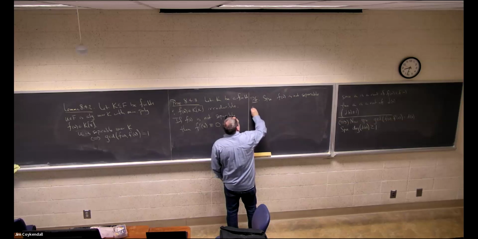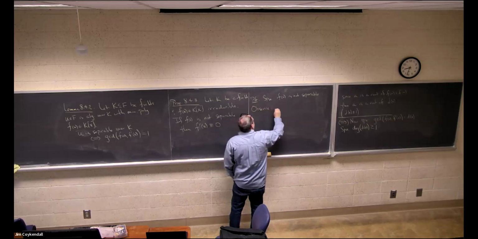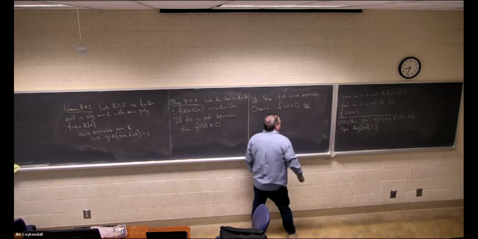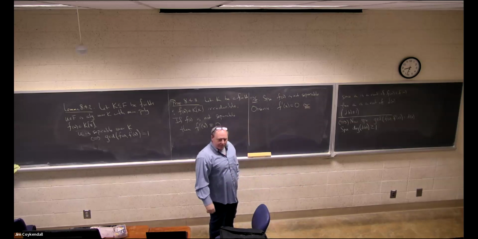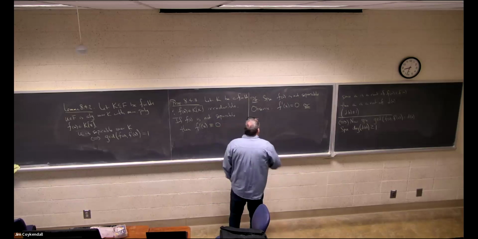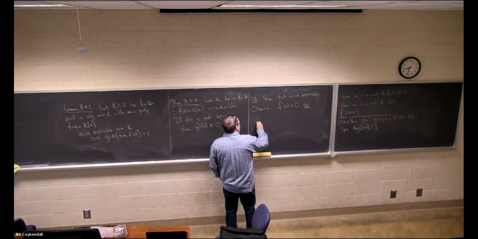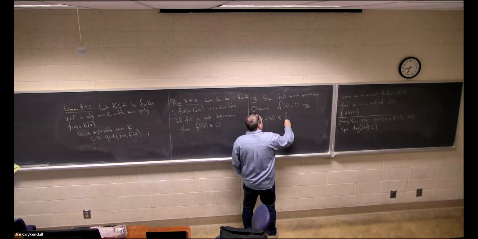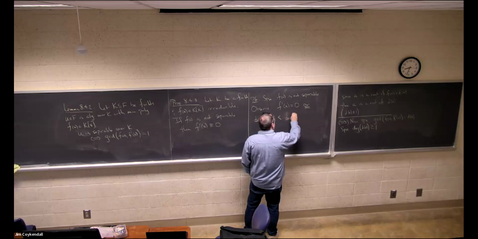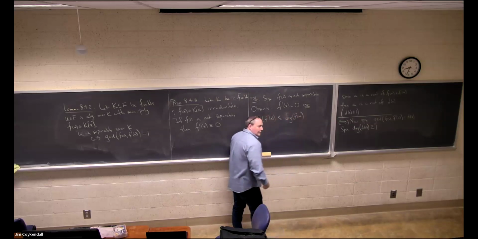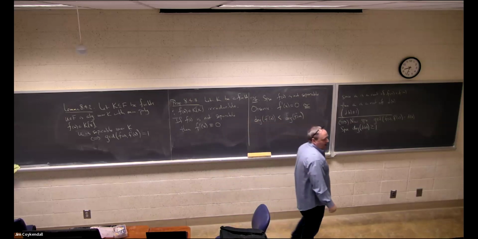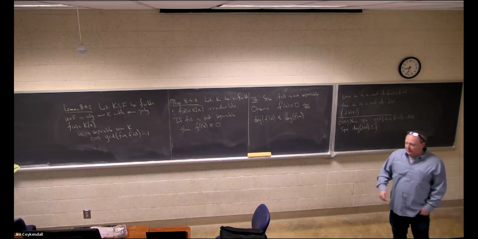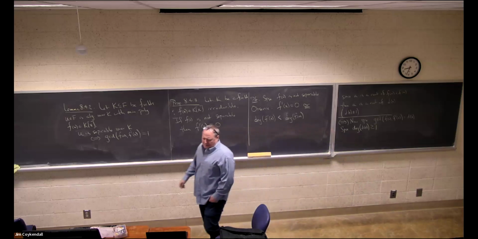Well, observe, f prime of x is equal to zero, or one of two things happens. Either when you take the derivative of a polynomial, you get the zero polynomial, or the degree of f prime of x is less than the degree of f of x. One of those two things has to happen, right? Either the degree drops by one, or you get the zero polynomial where the degree is technically undefined.